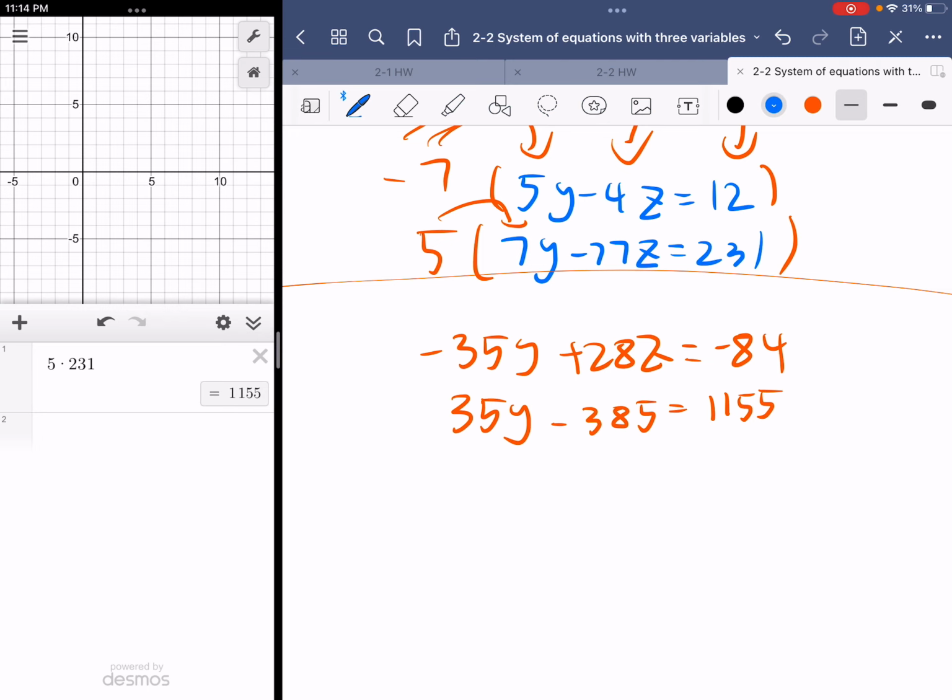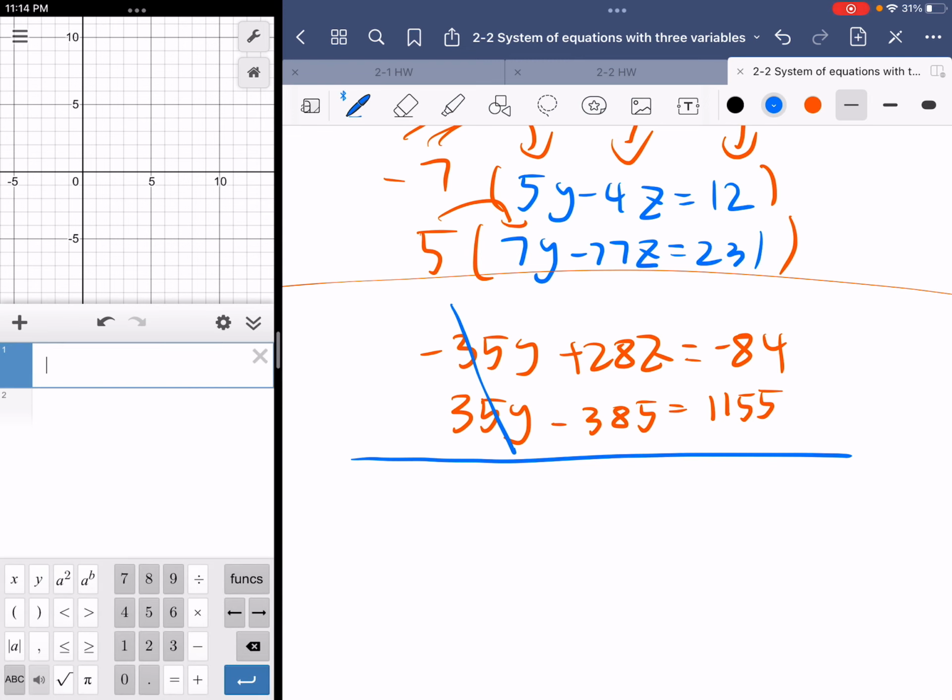I will just solve for z and I will close the video unless I make a mistake. So I cancel this one out, and 28z minus 385z is equal to negative 357z. Looks like I forgot to write z here.